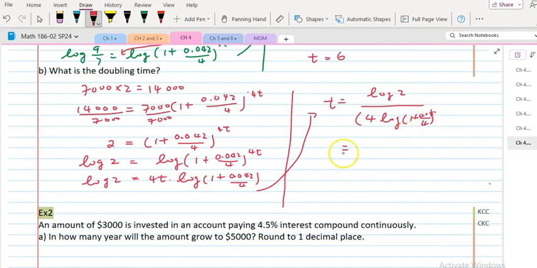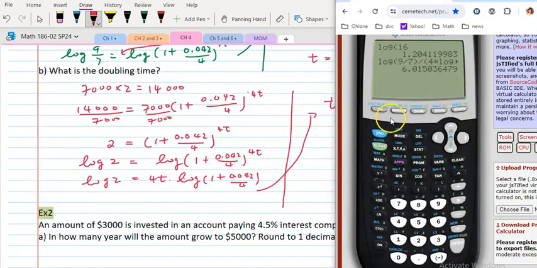And that's it. Okay, so put it in the calculator. We would just do log 2, close it, and then divide, open again, 4 times log of 1 plus 0.042 over 4.